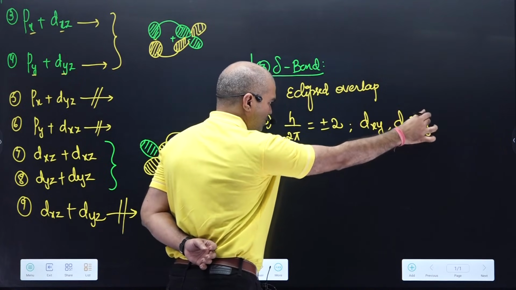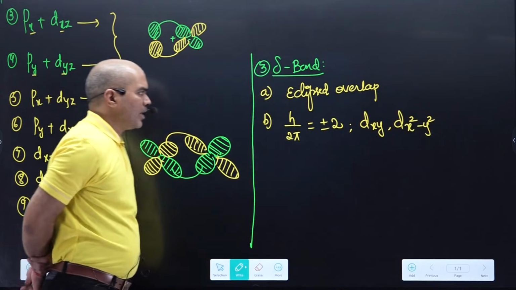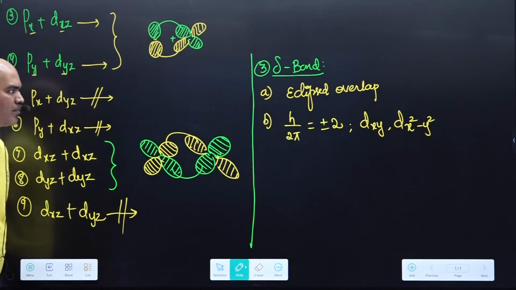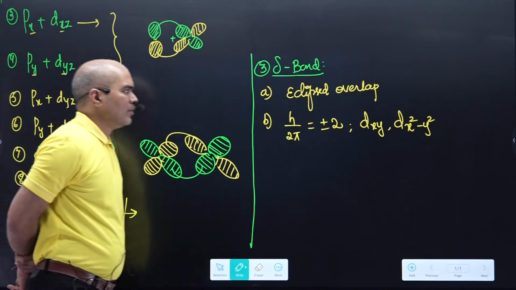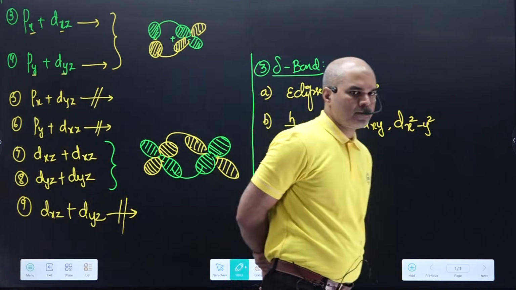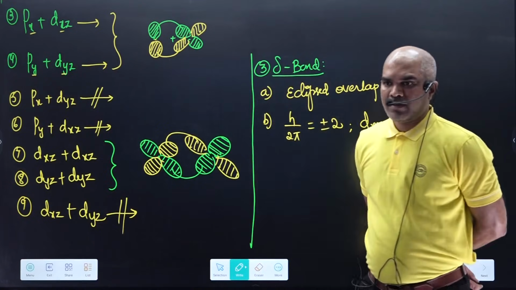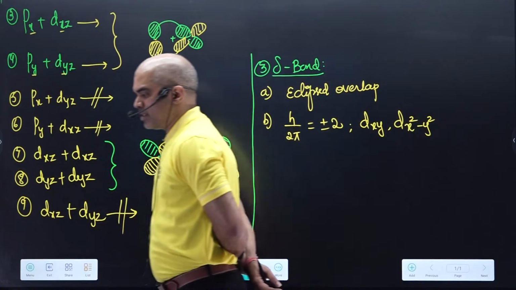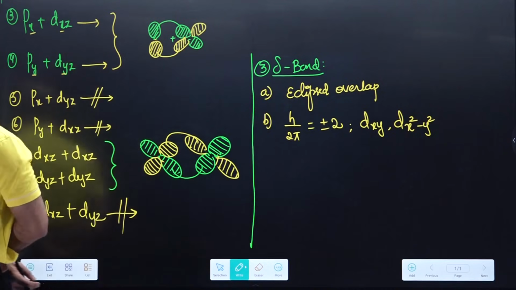Only two orbitals. This will come in your metal clusters and organometallic chemistry. Which orbital is involved in the quadruple bond of Re2Cl8 minus? Which d orbital is involved, or different questions?